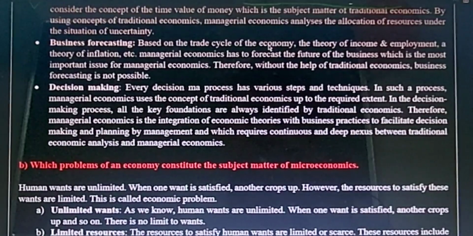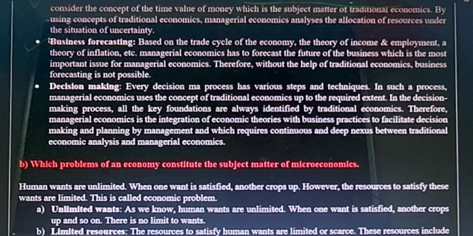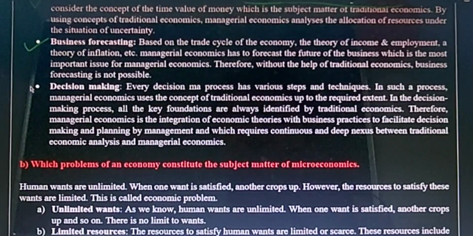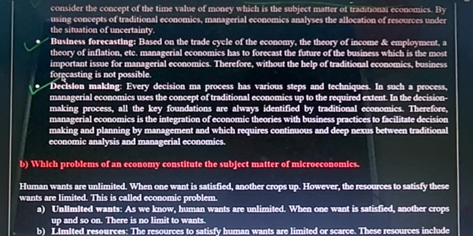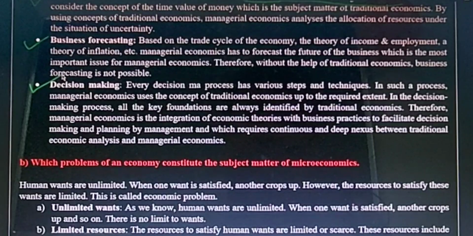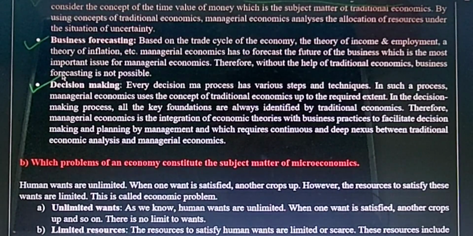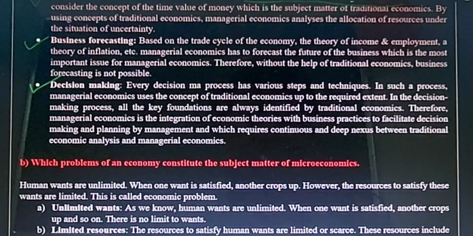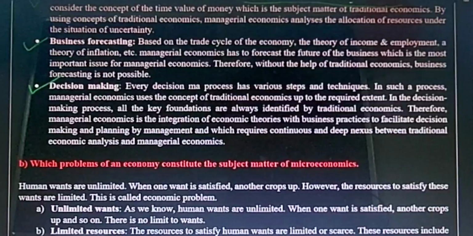So to study all these things, we need both the types of economics. And most importantly, decision making, because managerial economics, as the name suggests, means the economics which is concerned with management decisions, the economics which helps to take managerial decisions. So like this, you can expand, you can write a lot of things about this.